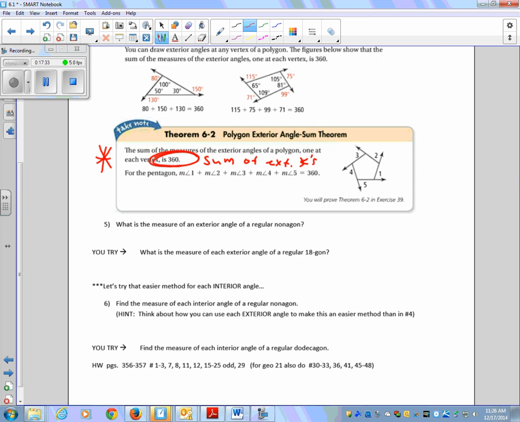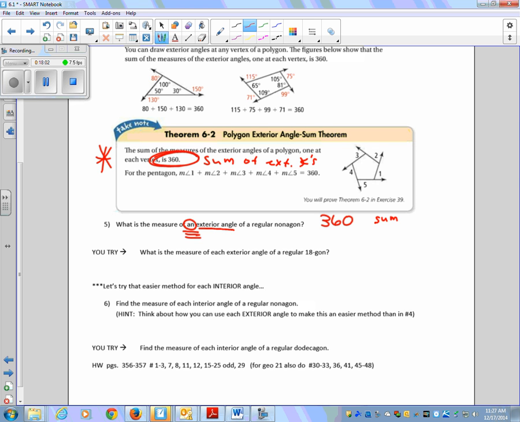If they ask us, what is the measure of an exterior angle, meaning one exterior angle of a regular nonagon, we have to use this fact that all of the exterior angles add up to 360. If the sum of the exterior angles is 360, how could we get what one exterior angle is?